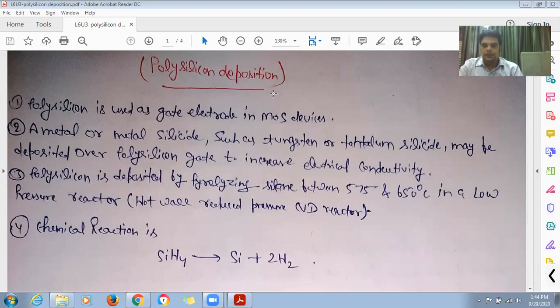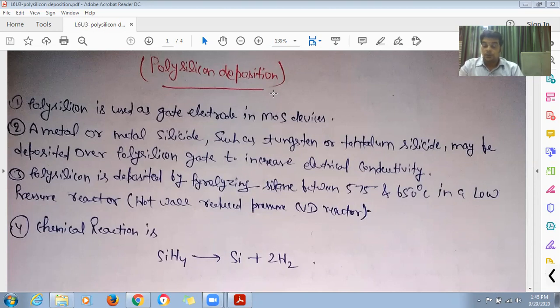Polysilicon is basically deposited from a reactant called silane gas, SiH4. Pyrolyzing silane gas is used in order to deposit the polysilicon onto the wafer or substrate, and the temperature is maintained between 575 and 650 degrees centigrade in a low pressure reactor.